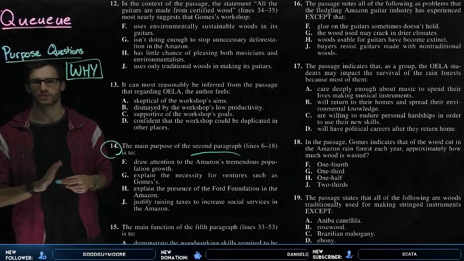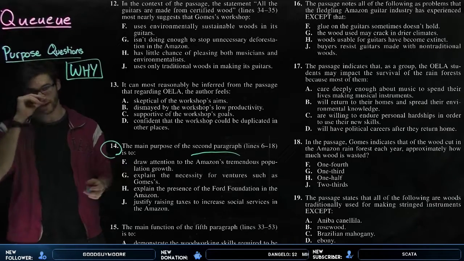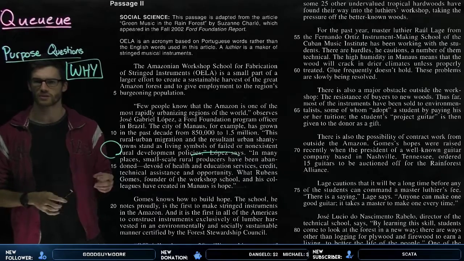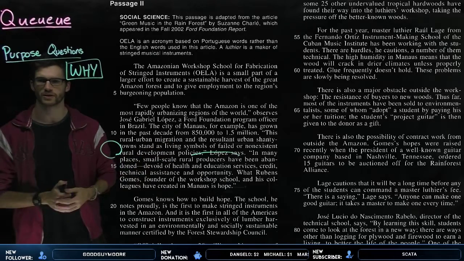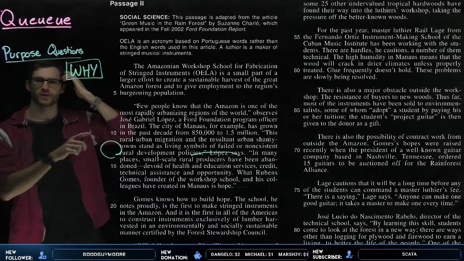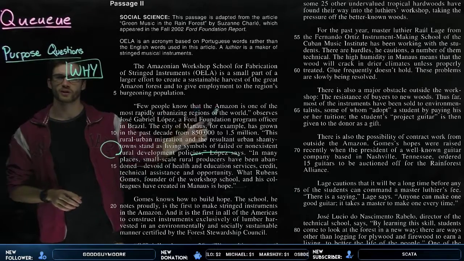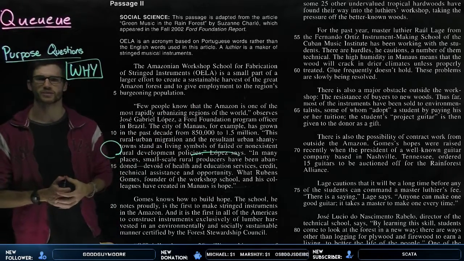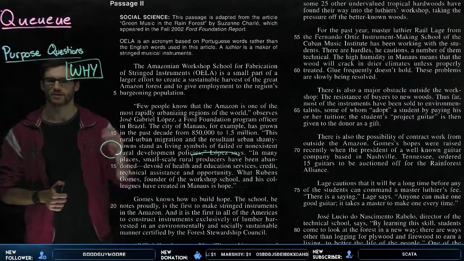Now, you don't necessarily have to read this passage before I do this right now. I'll just give you a little bit of spark notes. So ignore these marks on here now. But yeah, we're good here. So paragraph 2 starts with, few people know that the Amazon is one of the most rapidly urbanizing regions in the world, observes this dude.